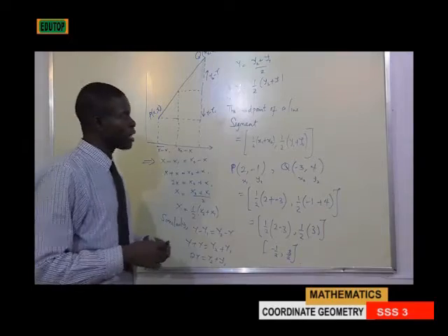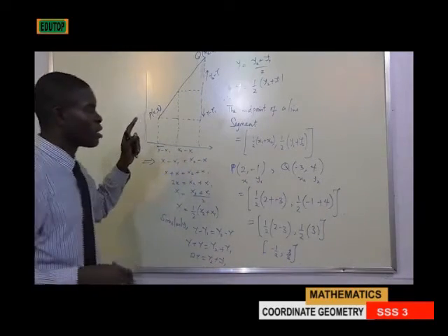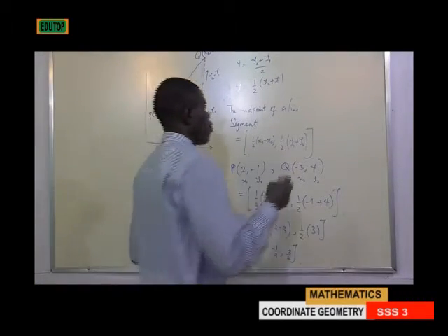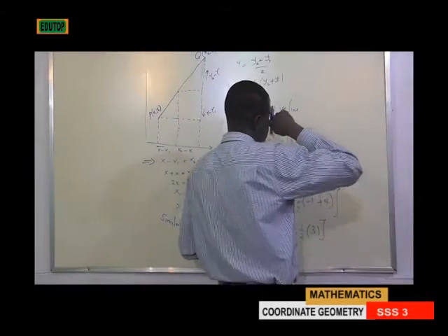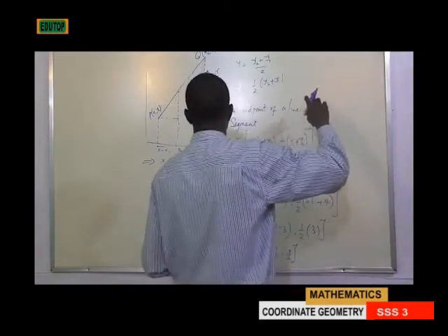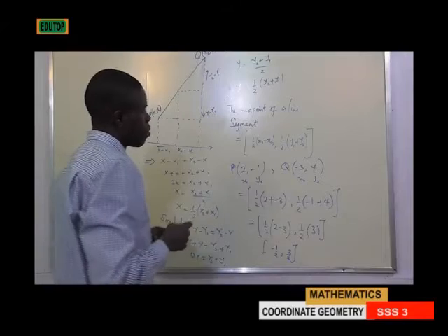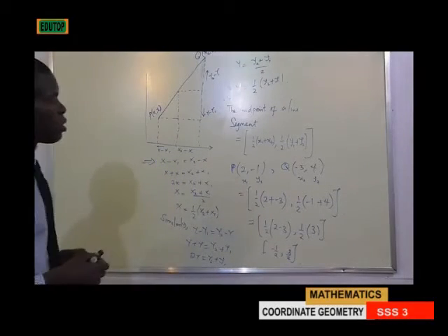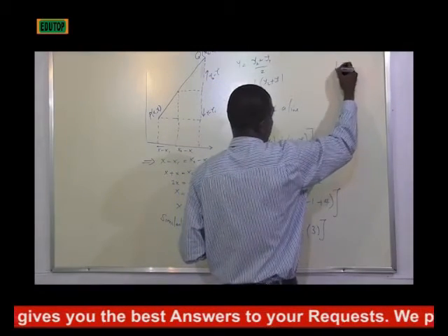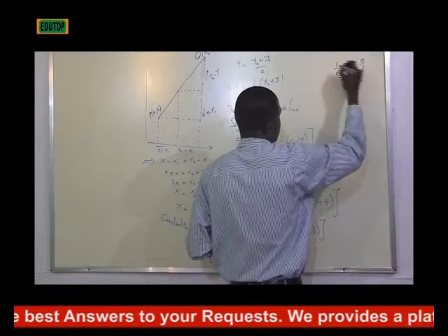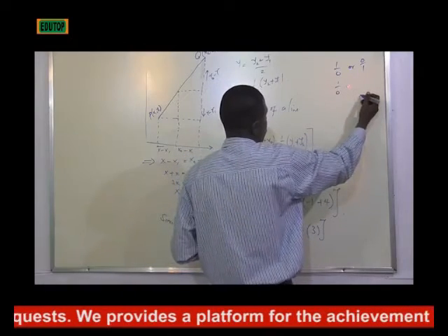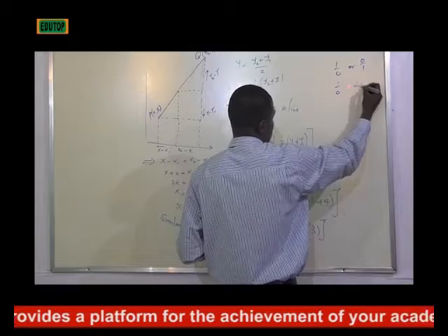It should be noted that, having calculated, if your denominator is found to be 0, or in a case whereby you have a fraction such that you have 1 over 0 or 0 over 1: 1 over 0 is definitely going to be undefined.